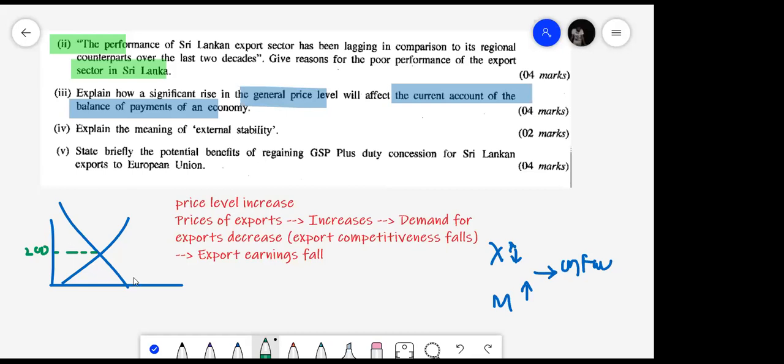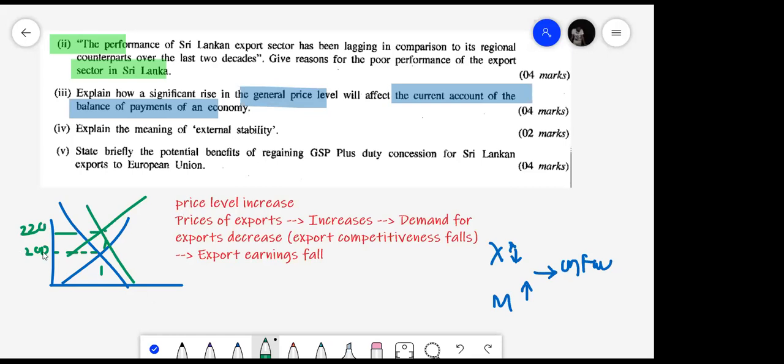You're exporting less, so the USA is not paying us much. The demand for US dollars increases because we import more, and the supply of US dollars decreases because they are not buying from us. As a result, this would go to, let's say, 220.